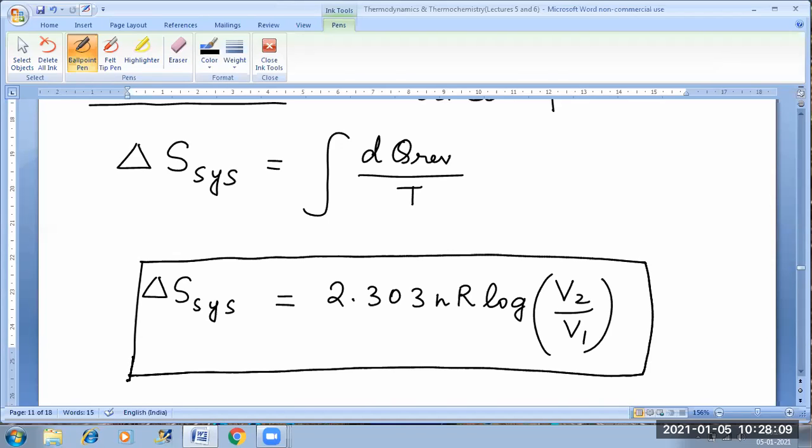So I can say that in both reversible as well as irreversible isothermal processes, the delta S system is the same. I repeat, in both reversible as well as irreversible isothermal processes, the delta S system is the same. Why? Because in both cases, we consider dq reversible. Irrespective of whether the actual process is irreversible or not, we are going to consider the dq which is expected in a reversible process. That is the definition of delta S of system.